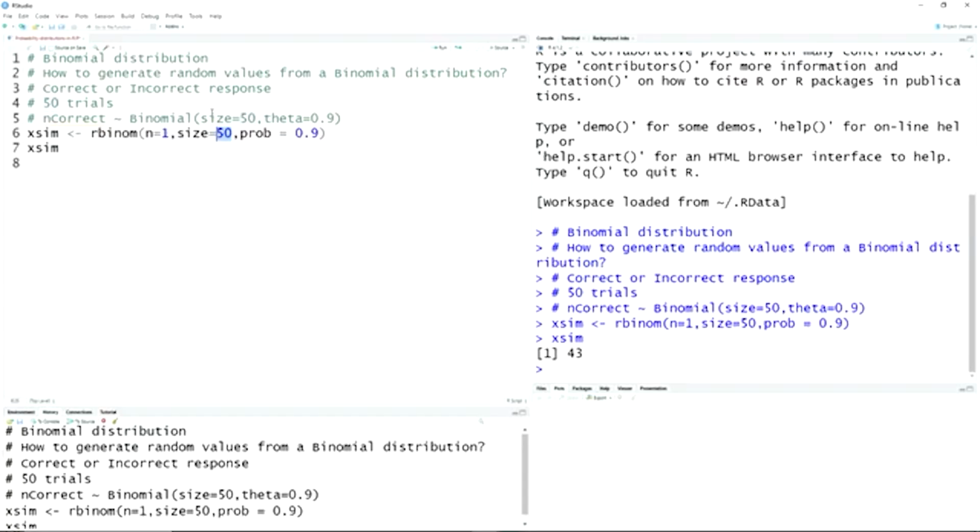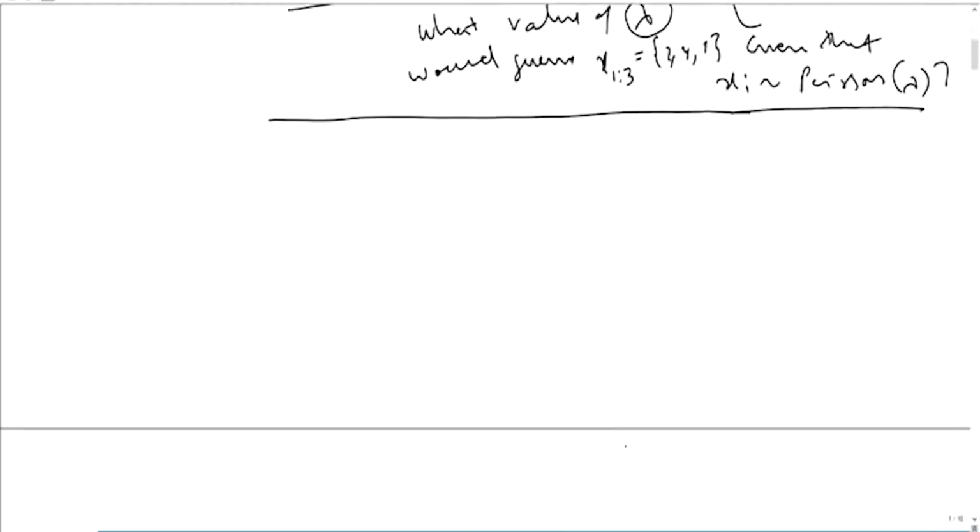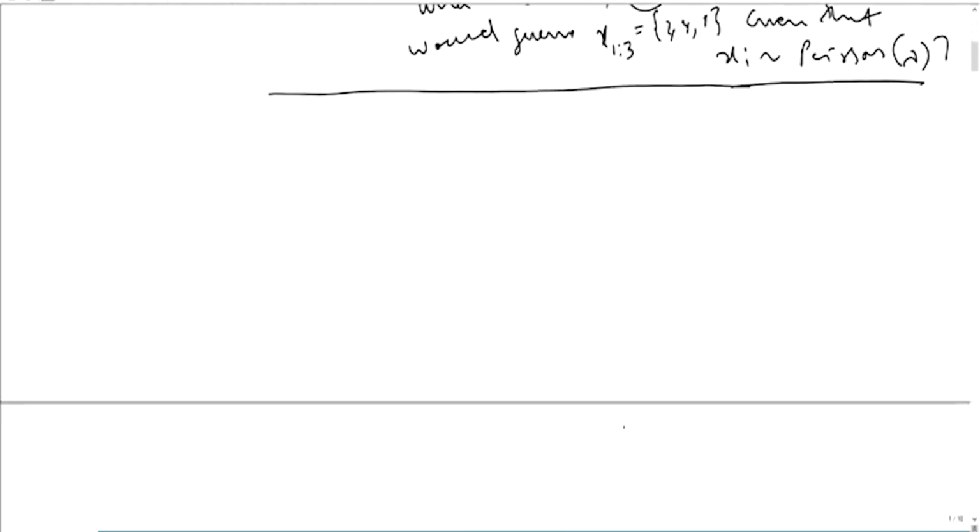So if you draw the probability mass function of a binomial distribution, it looks like this. You know the PMF of the binomial distribution: f(x | theta) is given by n choose x, theta to the power x, (1 minus theta) to the power n minus x.